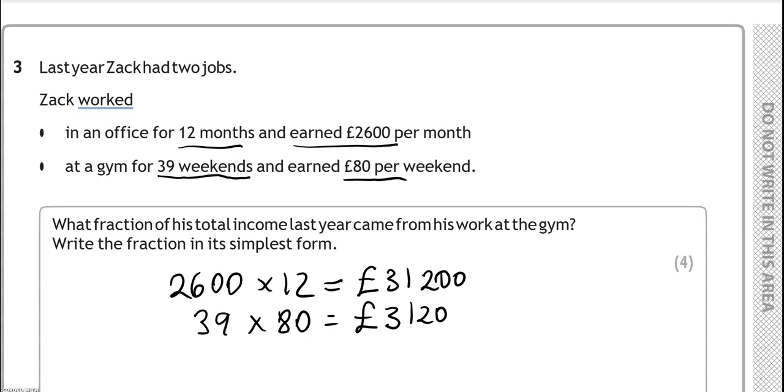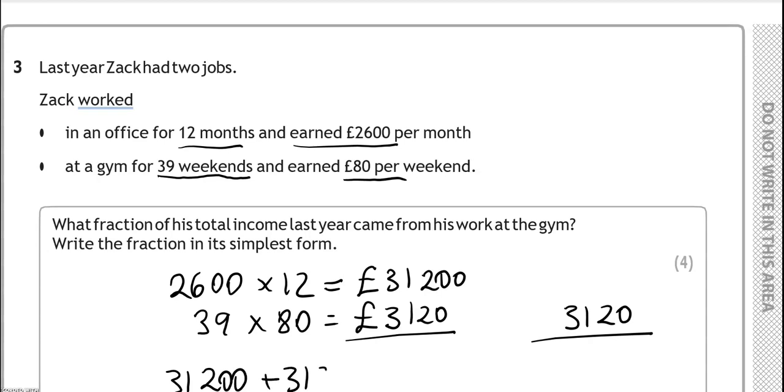Now we're focusing on what he earned at the gym, which is this one. So to work out the fraction, we're going to go 3,120 out of the total. So what's the total? 31,200 add 3,120, which is £34,320.